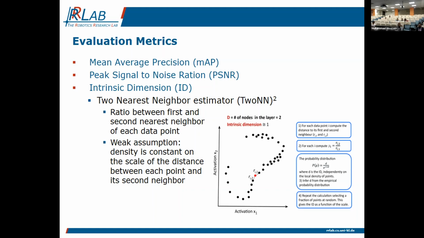What we do here is we have this manifold of data, or in this case, feature vectors from different layers of a neural network. And we do this 2NN, so two nearest neighbor estimator, and we calculate these distances between those representations in the space of the latest representation. Okay.